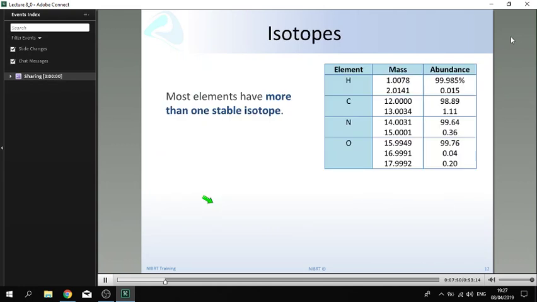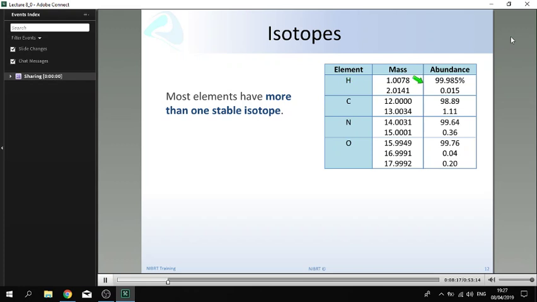Most elements around us have more than one stable isotope. So what that means is that most of the elements around us will be present in one kind of constitution, let's say, but we can have them present in other isotopes as well.